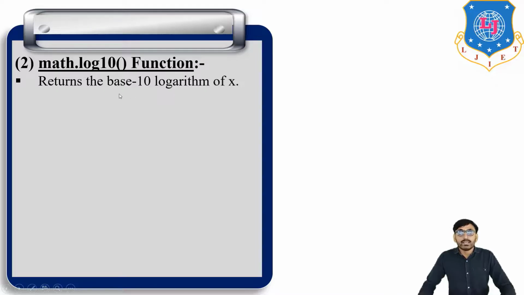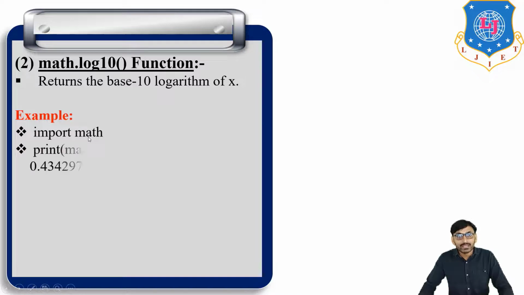Okay. Then the next one, the log10 function, log base 10. The math.log10 function returns the base 10 logarithm of x. For example, import math, then print math.log10(2.7183). Then we get the answer 0.43429 something.